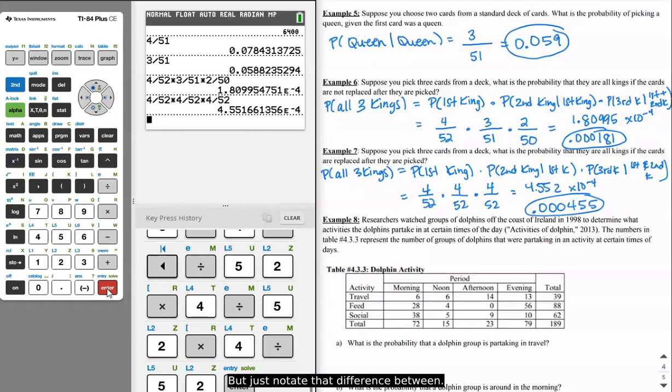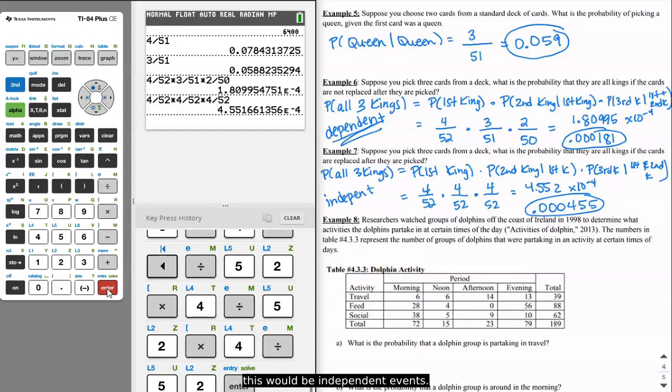But notate that difference between they want a probability of all of the cards that we choose, and then the difference between with and without replacement. So if I go back and talk about independent and dependent events, example 6 would be an example of dependent events, because we're doing without replacement. As with example 7, since whatever we pick, we're replacing it, this would be independent events.